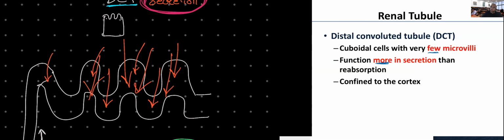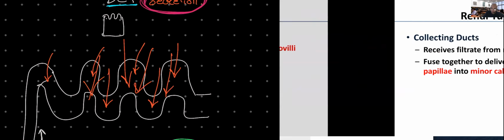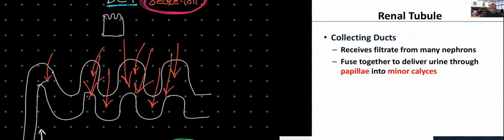But mainly they are concerned with secretion. And again, they are confined to the renal cortex. In both juxtamedullary nephrons and cortical nephrons, proximal and distal convoluted tubules are confined to the renal cortex.